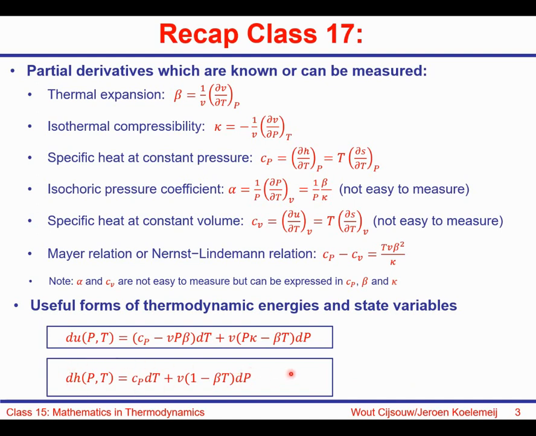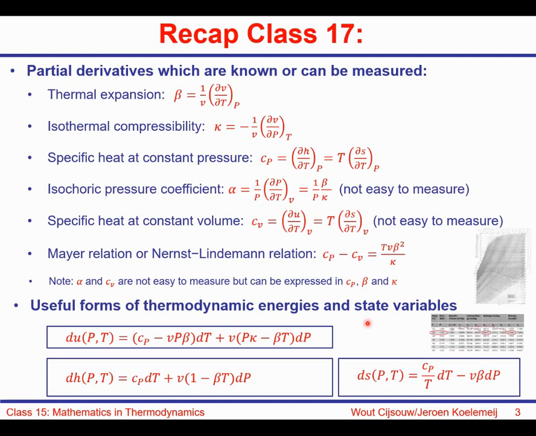You can also do this for the enthalpy, for example, and you can even convert properties like entropy into expressions that again contain only measurable quantities. Very nice, because it allows you to understand where these tables and these diagrams come from. These are actually the expressions that are used to produce these tables and diagrams.